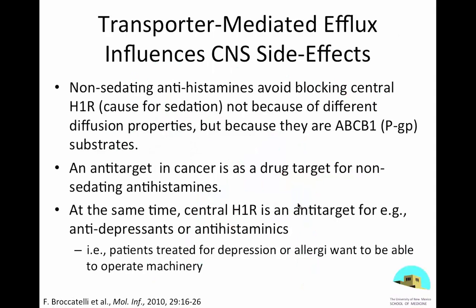So the conclusion is that the transporters mediate CNS side effects, and that's why non-sedating antihistamines are functioning. And then, of course, we all know that in cancer, the same pump ABCB1 is an anti-target because it effluxes the cancer drug from the cell, and that's by itself not a desirable interaction.